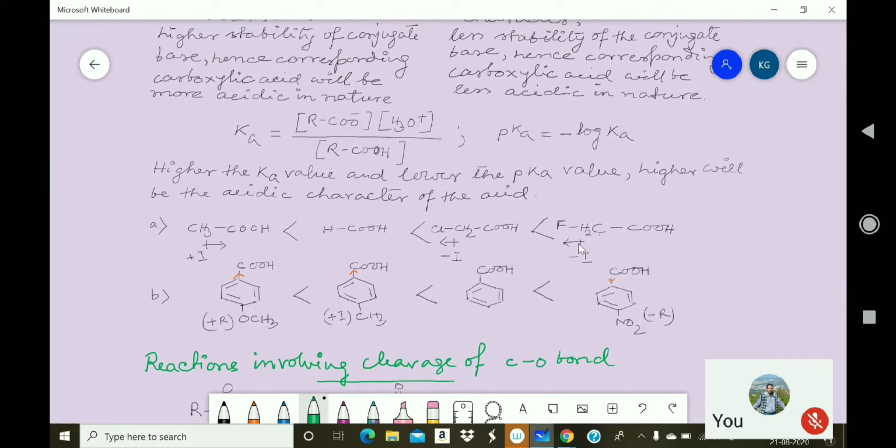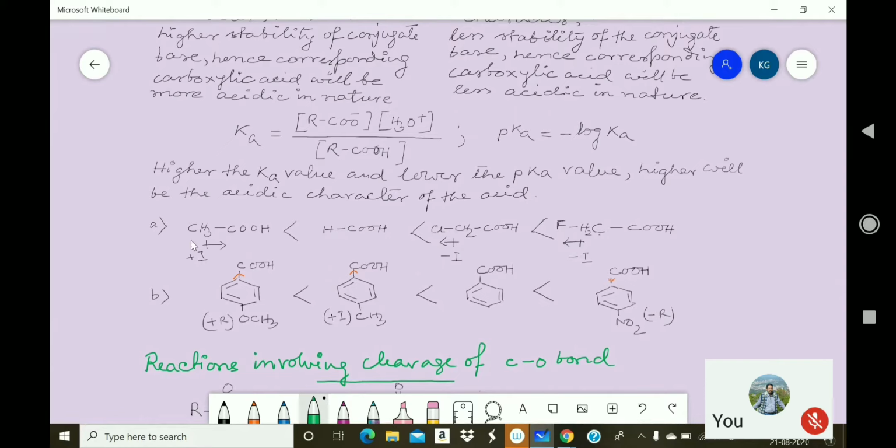You can follow here fluorine is having minus I effect and it withdraws electron. Now the withdrawing power for chlorine is a little less than fluorine due to its lower electronegativity than fluorine. In case of methanoic acid, there is no such effect because hydrogen does not play a role like that.